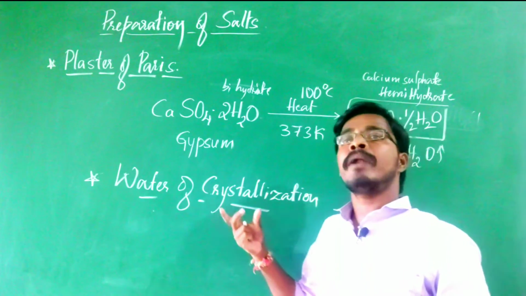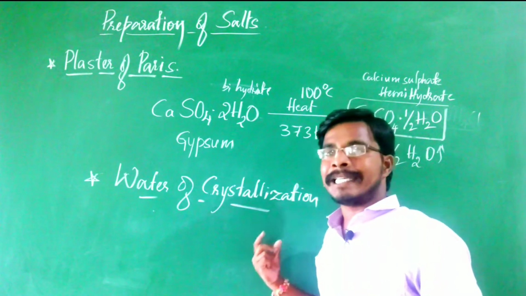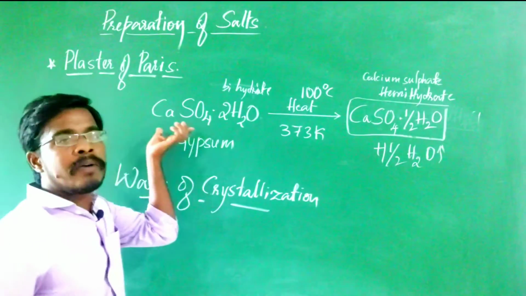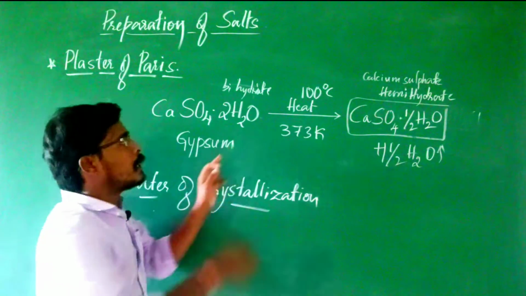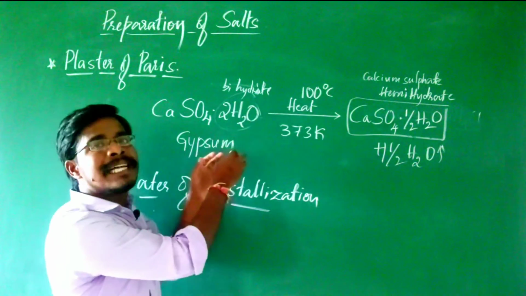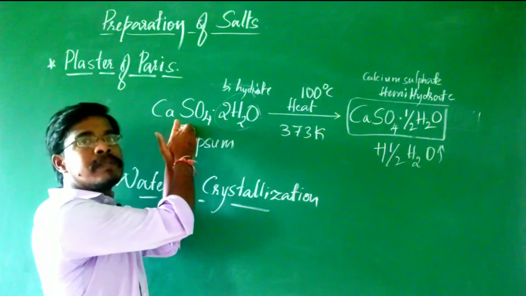That is nothing but water of crystallinity or water of crystallization. For example, here we have calcium sulfate with 2 molecules of water. So these 2 molecules of water are the water of crystallinity for calcium sulfate.